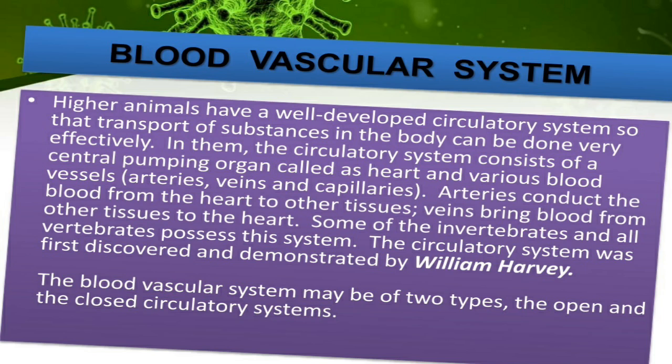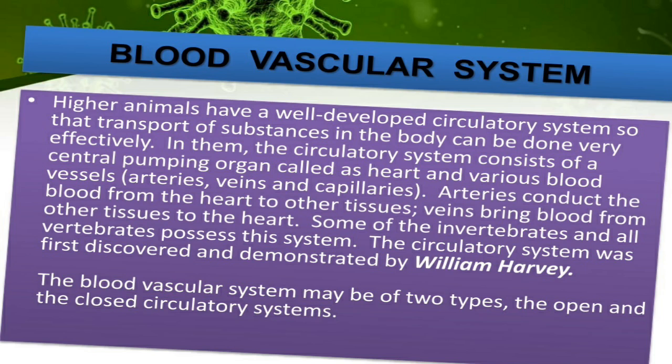Arteries conduct the blood from the heart to the other tissues. Veins bring blood from other tissues to the heart. Some of the invertebrates and all vertebrates possess this system. The circulatory system was first discovered and demonstrated by William Harvey.